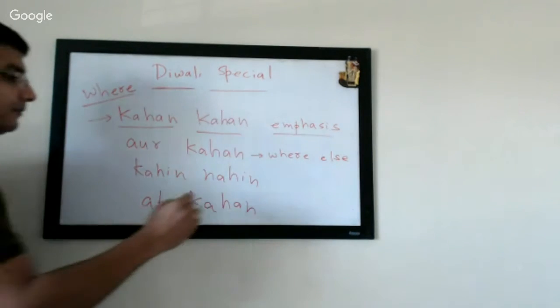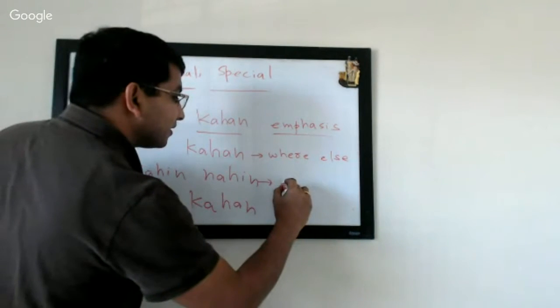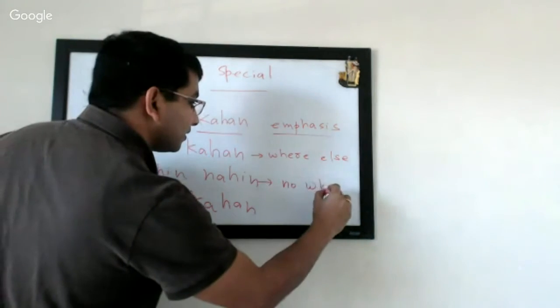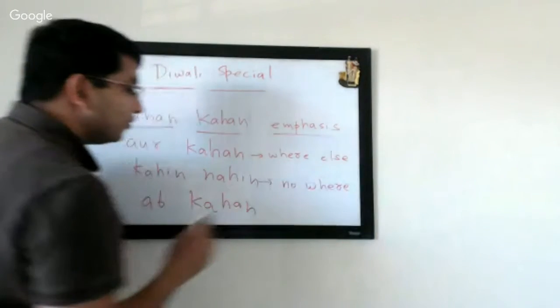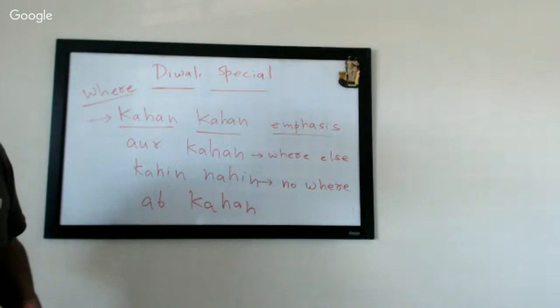right? Let's say the third one is कहीं नहीं, nowhere, right?